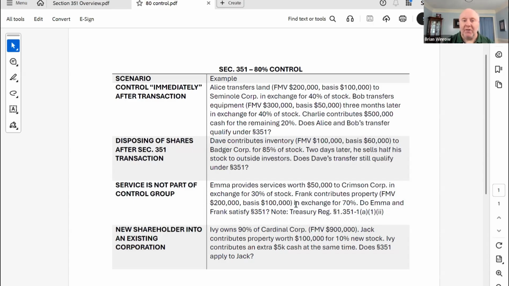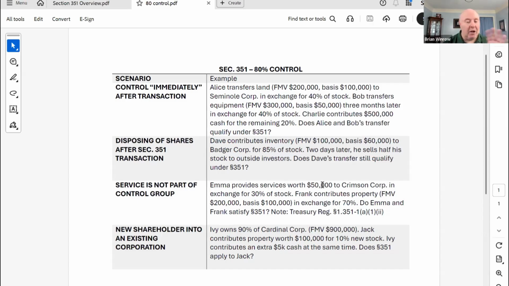As long as Emma puts in property equal to 10% of the value of her services, she's going to be okay. So let me explain this. Emma's services are $50,000. If at least 10% of her contribution is in property, 50,000 times 10% is $5,000. If Emma puts in $5,000 of property, then we say that's not a minimal amount of property, and all of that 30% is added to the control group.